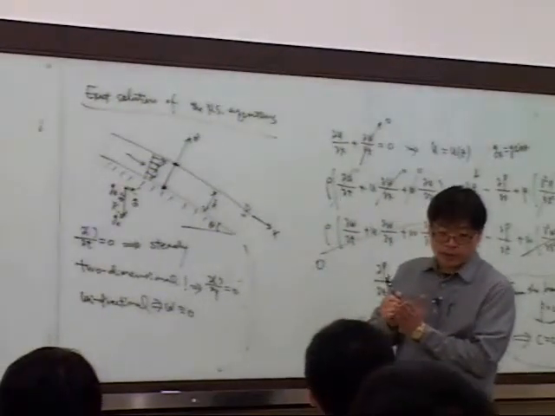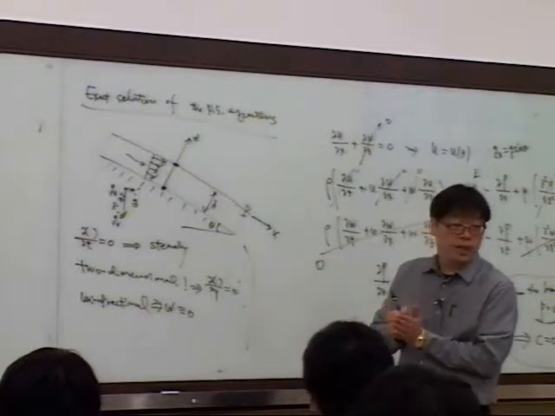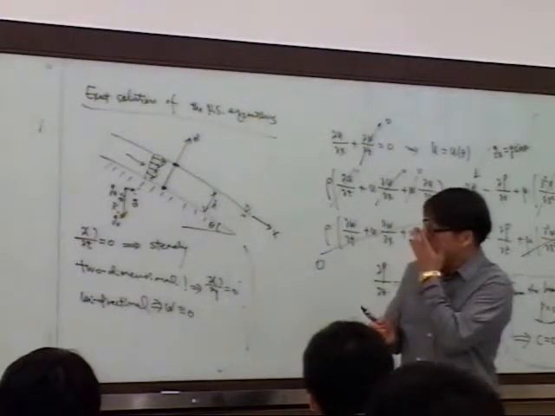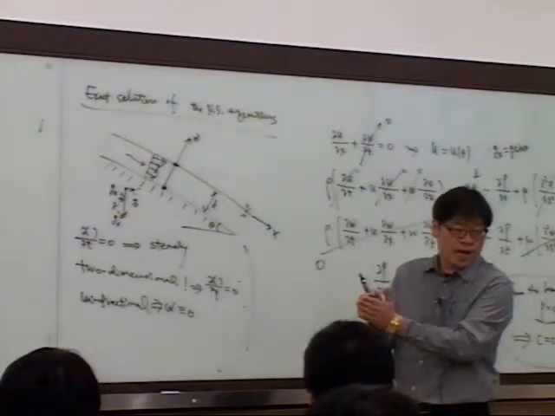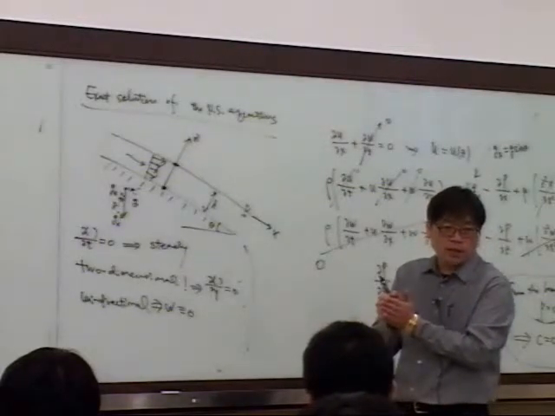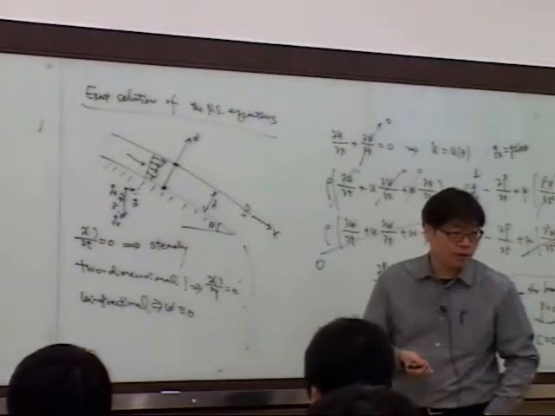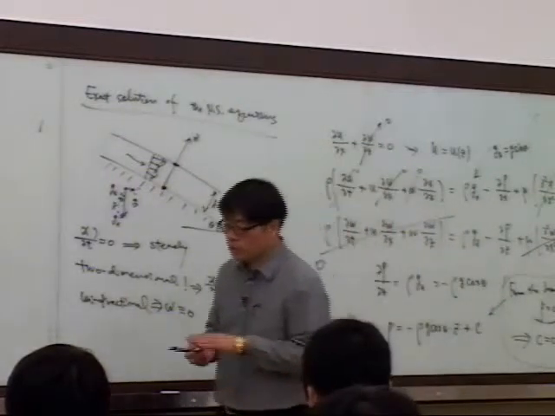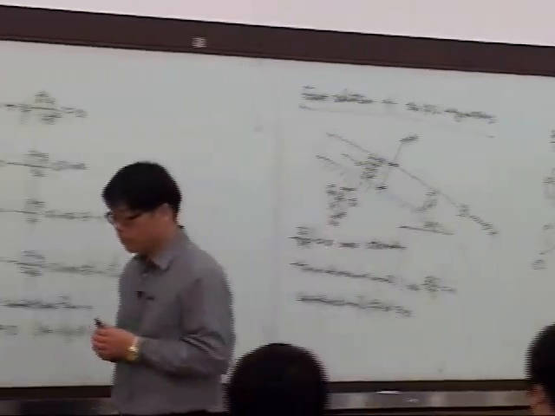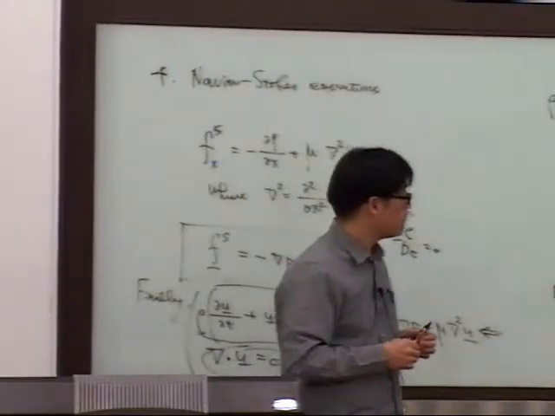Since the boundary is fixed, the fluid has to be fixed. It has to be stationary. And if the boundary is moving, then the fluid particle has to move with the boundary. That's why we call it the no-slip boundary condition. So on the rigid boundary, you always impose no-slip boundary conditions for the velocities.